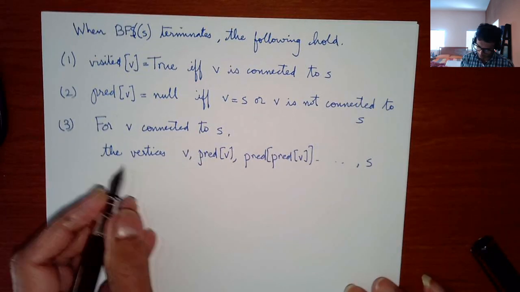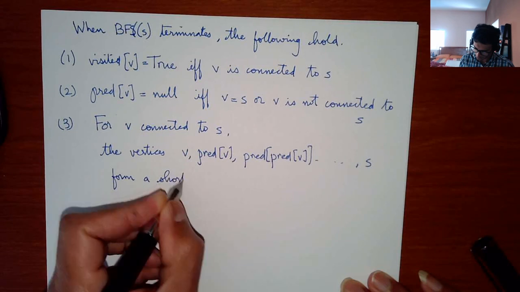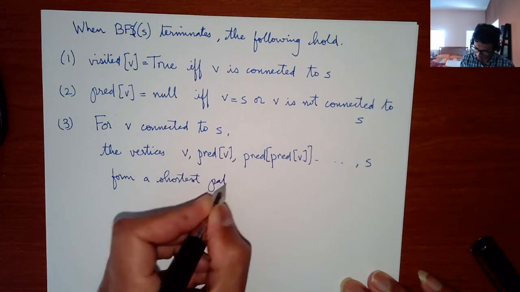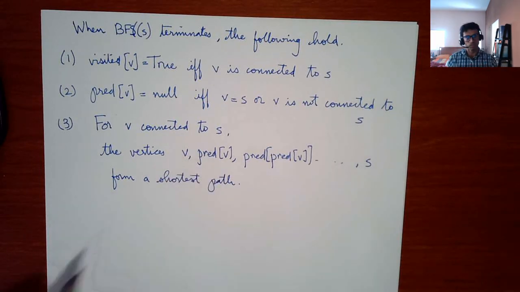These vertices form a shortest path. Slight abuse of notation here. Technically, the edges between these form a shortest path. But hopefully that makes sense.